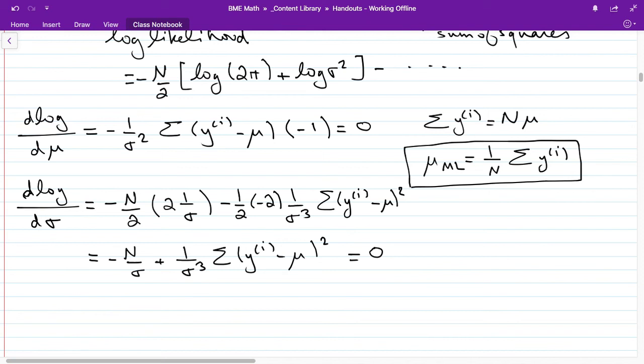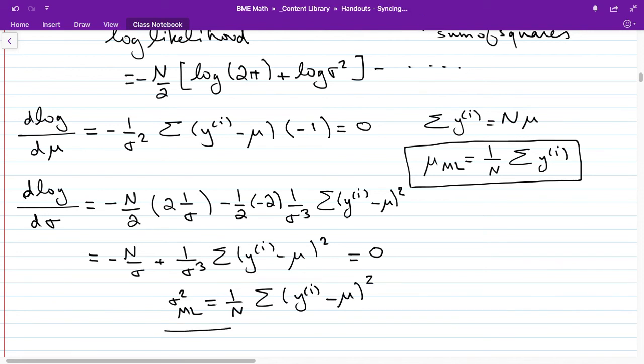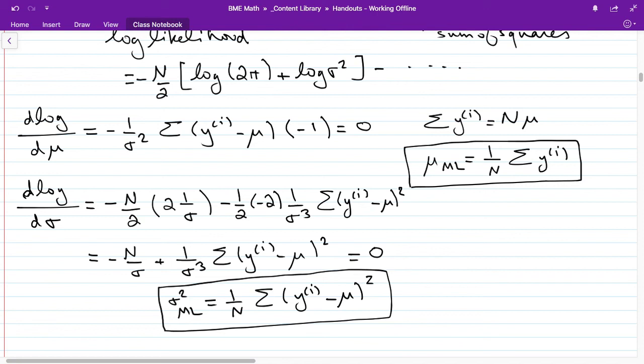So the sigma cubed and sigma, the sigma goes away. I get sigma squared maximum likelihood is equal to 1 over n times the sum of my data minus my estimate of the mean squared. So this is the maximum likelihood estimate of variance.